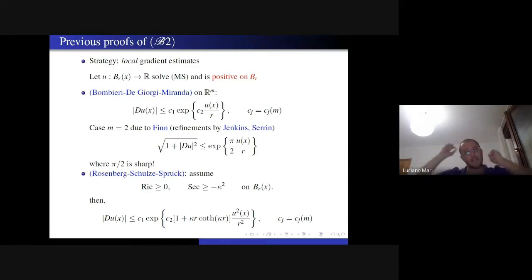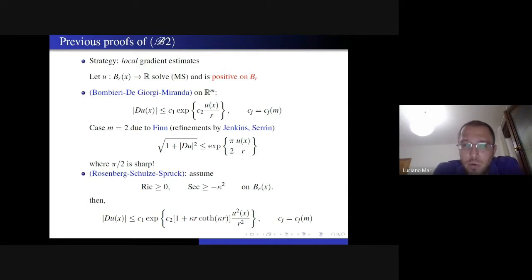They assume non-negative Ricci curvature and sectional curvature bounded from below by some constant on B_R. Then they get a similar estimate with u squared instead of u. If you globalize these estimates, so you assume that u is positive on the entire M, you can send R to plus infinity, and you can observe both in Bombieri, De Giorgi, and Miranda, and in Rosenberg, Schulz, and Spruck that the gradient is bounded.